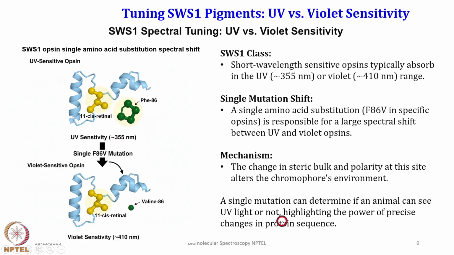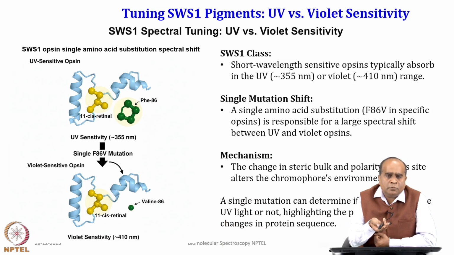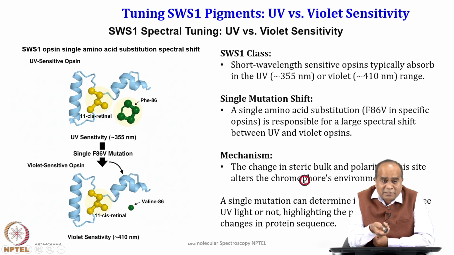So, this single point mutation can shift absorption from 355 to 410. It determines whether an animal can see in UV visible light or not, highlighting the power of precise change in the protein sequence. So, you see the beauty. Nature tunes it so beautifully.